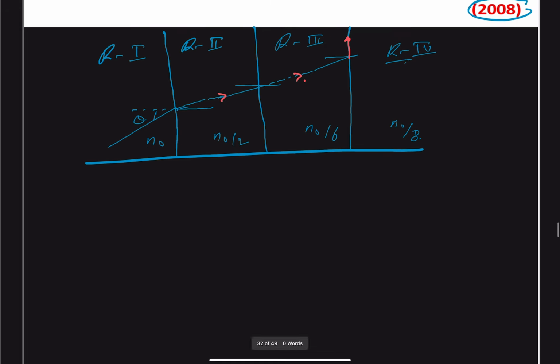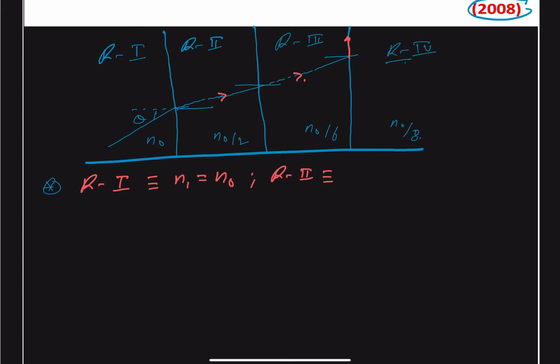So let us consider the refractive index in region 1 as n1, which is given as n0. We have region 2, and let us consider n2, which is n0 by 2.